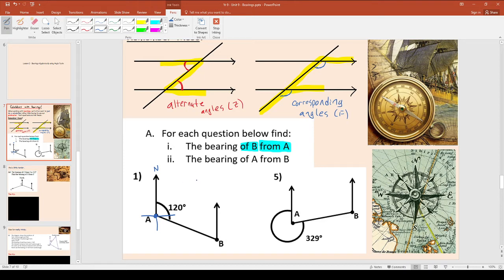Well, actually, buddies, it's the one that's given in the question. It is just 120 degrees. Can you see that? Because north was 0, don't forget. East would have been 90, south would have been 180, and west would have been 270. So the 120 is the one that we're on about to get to B. And so it's 120 degrees.